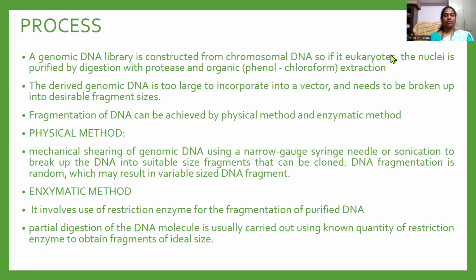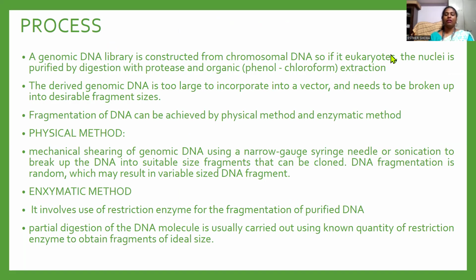The process is usually done by constructing from the chromosomal DNA, if it is eukaryotes, where the nuclei are purified by digestion with protease and organic extraction. The derived genomic DNA is too large to be incorporated into a vector and thus needs to be broken up into desirable fragment sizes.